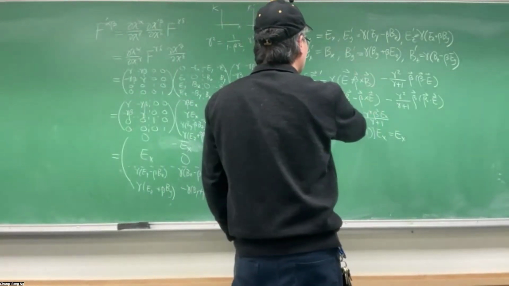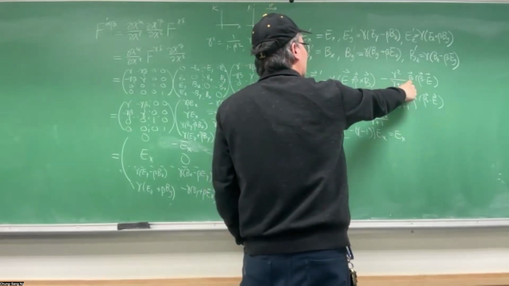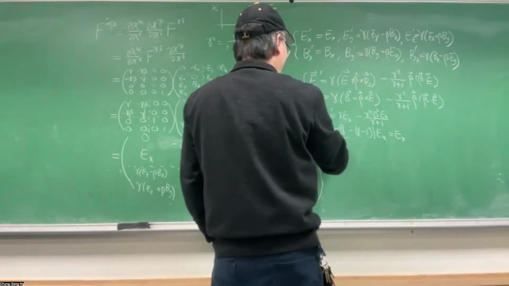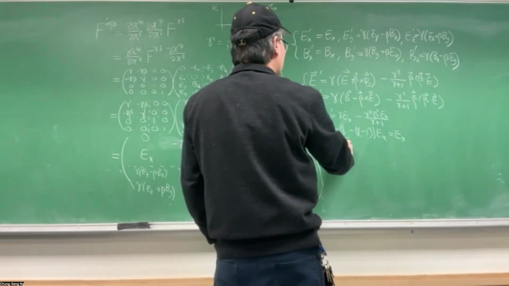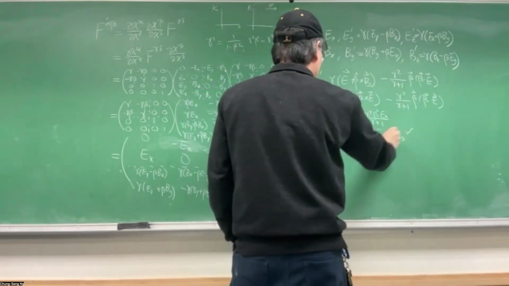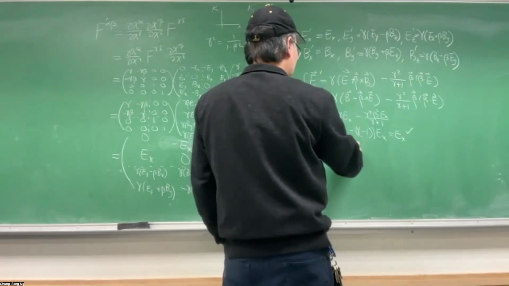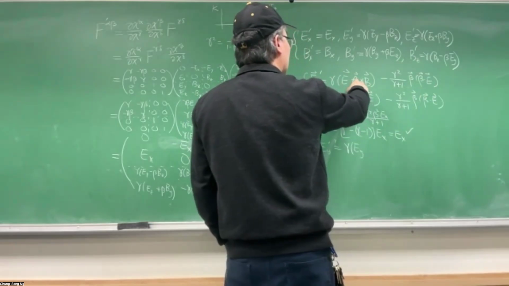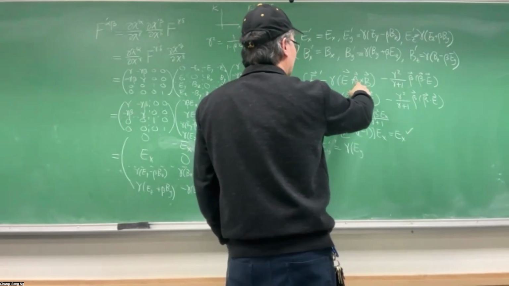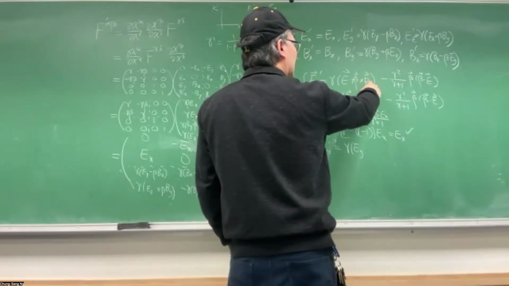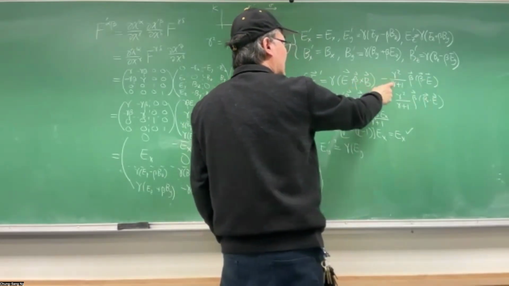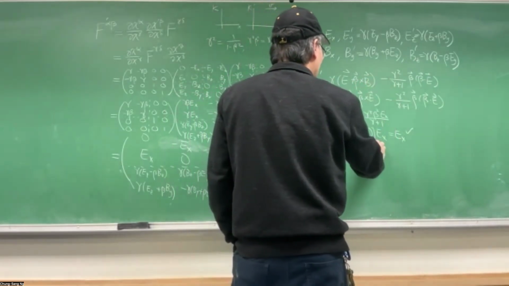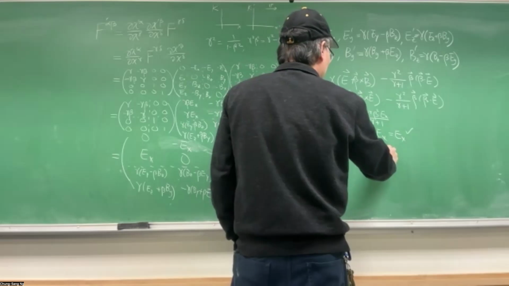This is fine. For Ey, this is in the x component, so you don't have this term, just the cross product. So let's check Ey prime, whether this is correct and whether it equals Ey. For this x component, to get a y component you need x cross z, but x cross z is minus y, that's minus 1. So you have minus beta Bz.